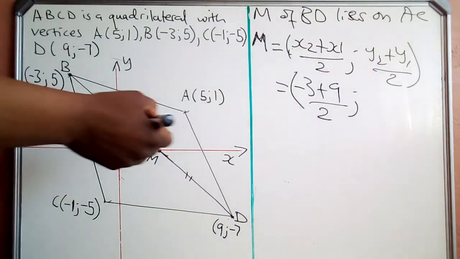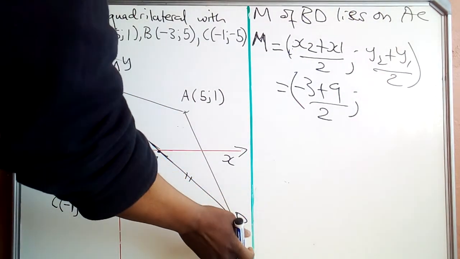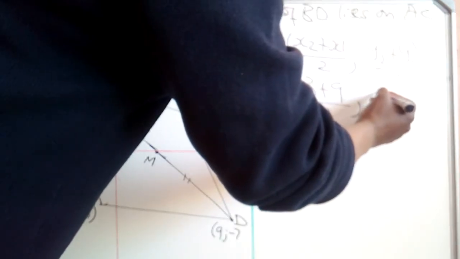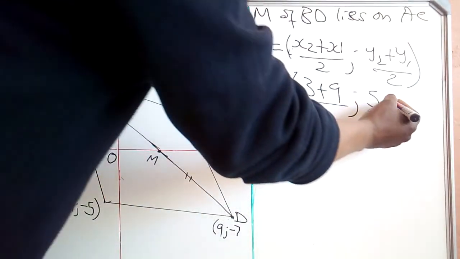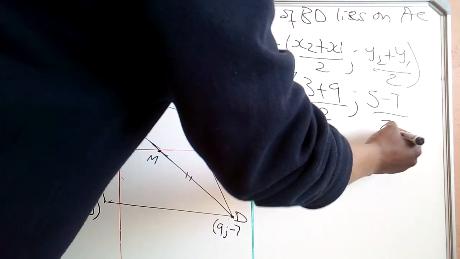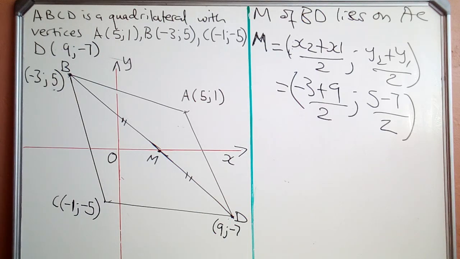Semicolon. Y is (5 minus 7) divided by 2. Close bracket.